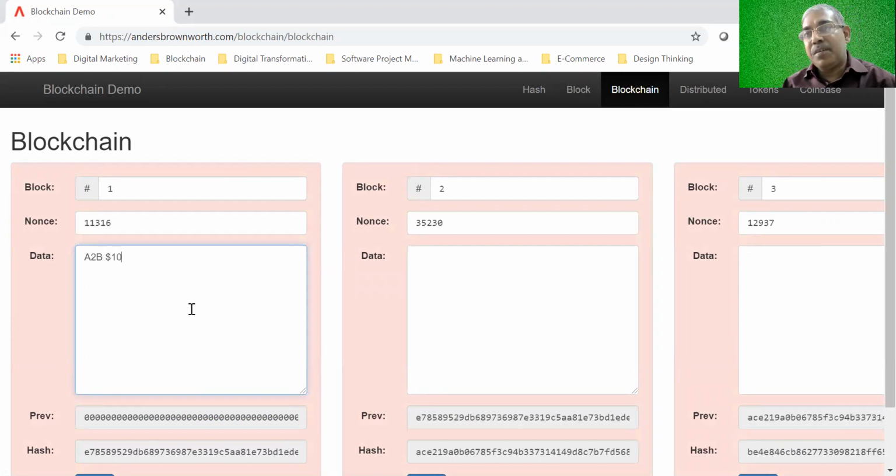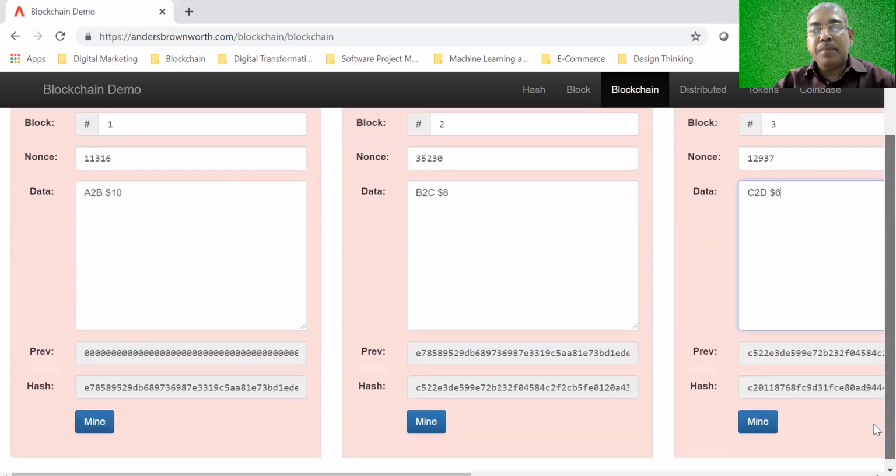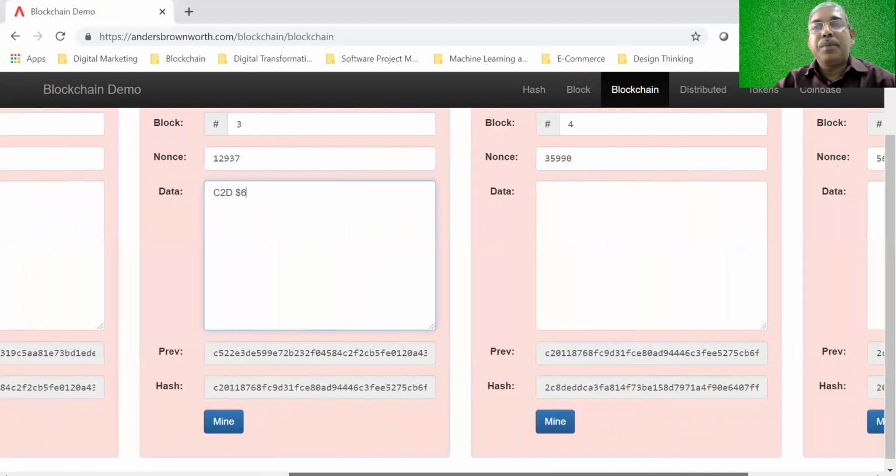I mean, A is giving B $10. B to C $8, presumably from the same $10 that B has received from A. C to D $6, presumably from the same $8 that C has received from B.